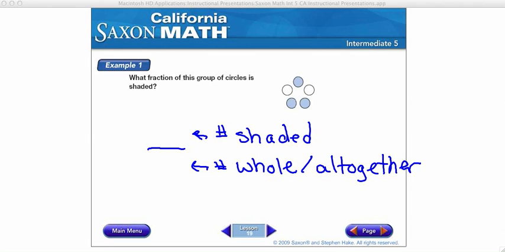Okay, the top number is called the numerator, and the bottom number is called the denominator.